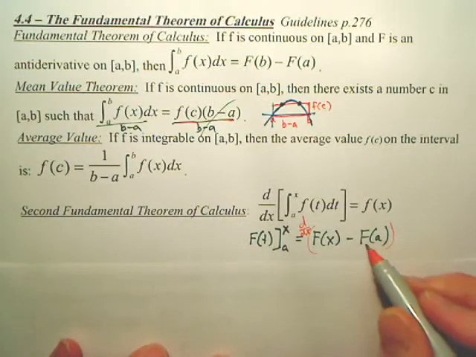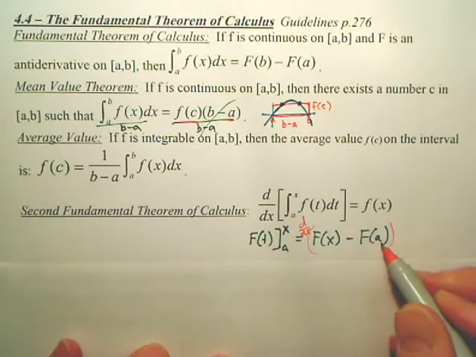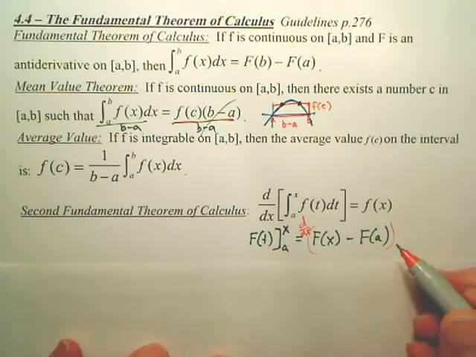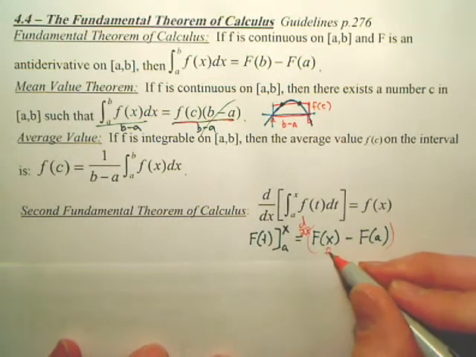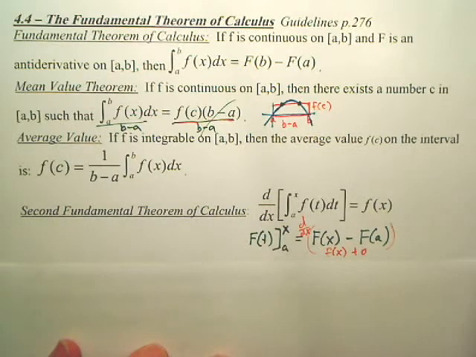Sorry, let me start over. You plug in a, and you get a number. Again, what is the derivative of a number? 0. So aren't we adding nothing to it? The derivative of a number is 0. So basically, this ends up becoming f of x plus 0, which is this.